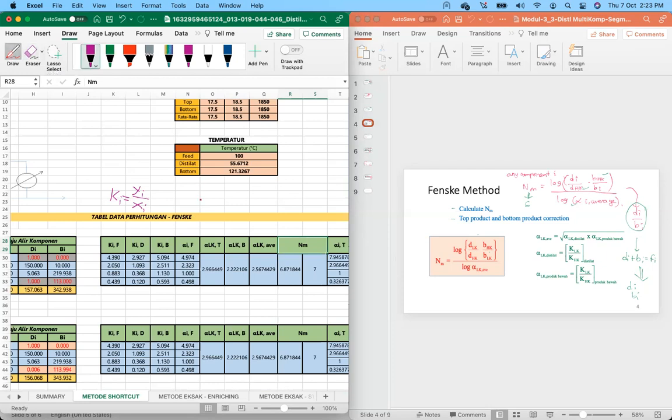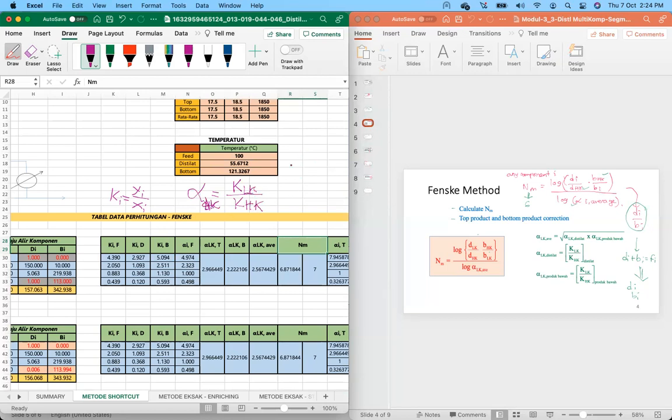What is alpha? Relative volatility. How to get that? The ratio between the K of the light key over the heavy component. So alpha average is actually the alpha of the light key, so your relative volatility would be K light key divided by K HK.